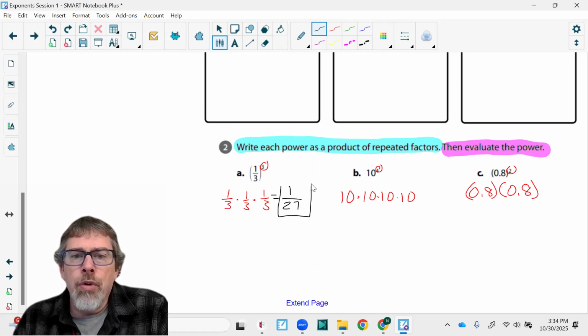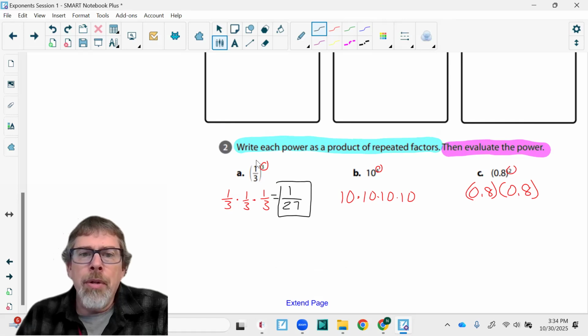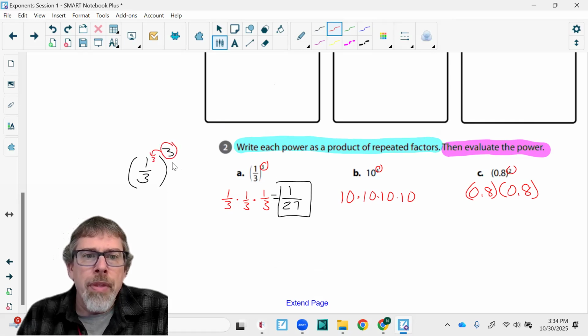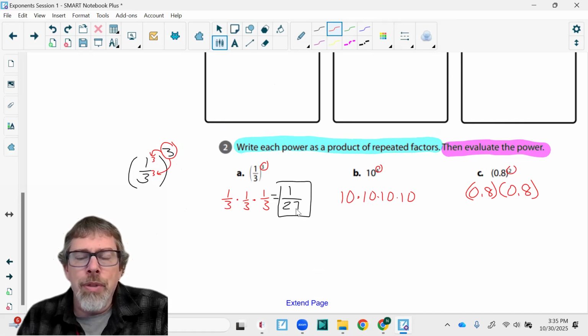So the answer is 1 over 27. So I'm going to point something out to you here. If you have a fraction in a parentheses with an exponent, what we do is we take this exponent and we distribute it inside like so. Okay, so 1 cubed or 1 to the third power is 1, and 3 to the third power is 27.